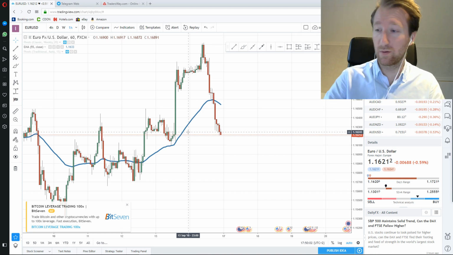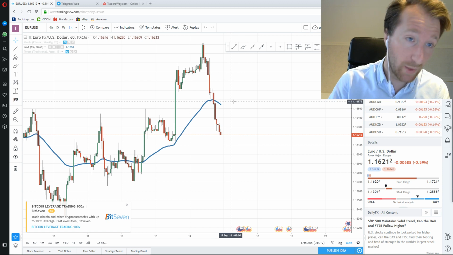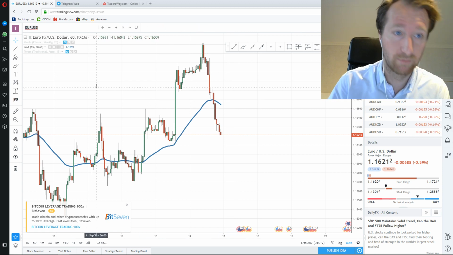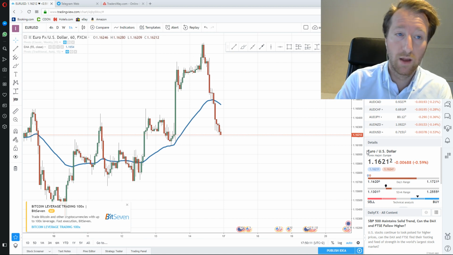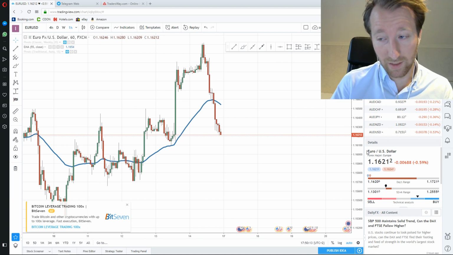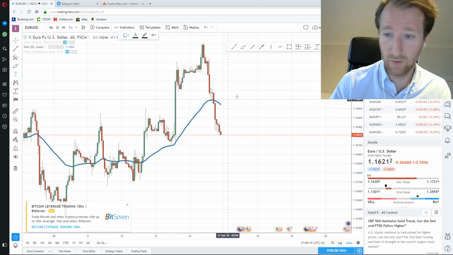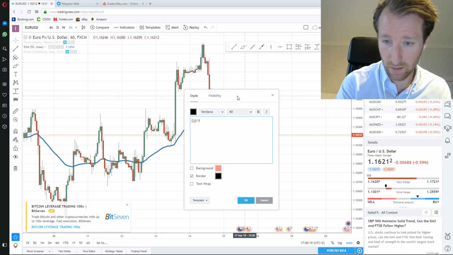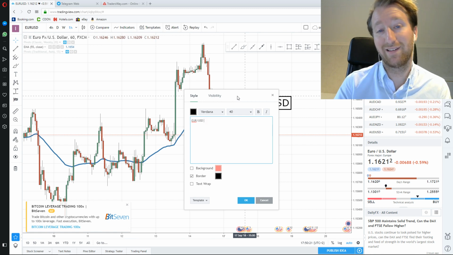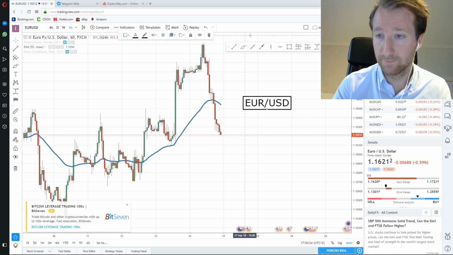Right here, right now, in front of you and me, we have Euro USD, the euro against the dollar. Since the euro is on the left side of the currency pair, that is the base price.